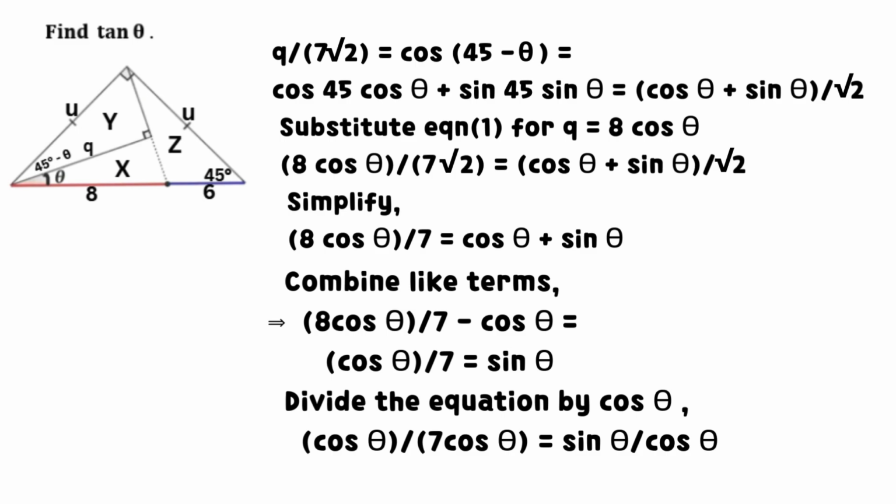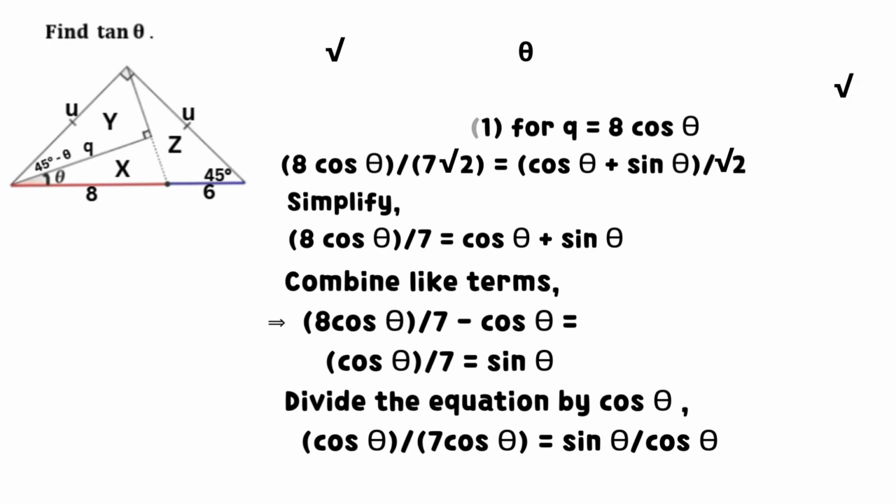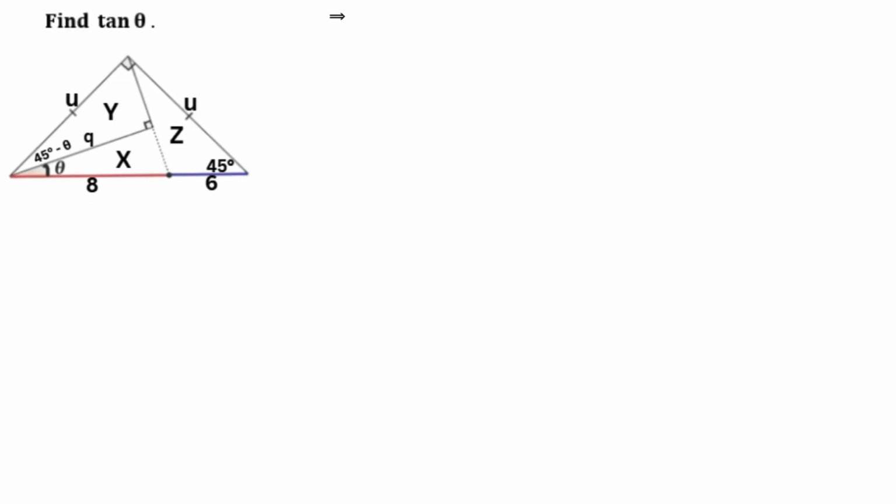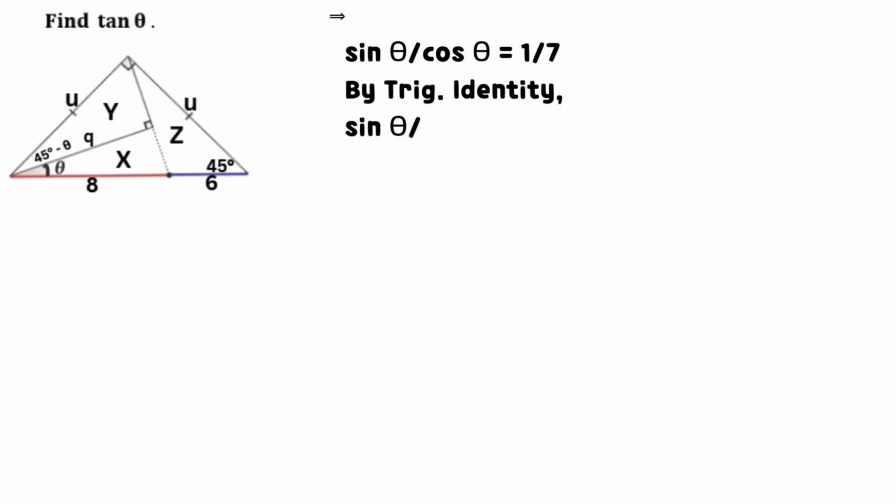This implies that sine theta divided by cosine theta equals 1 divided by 7. By trigonometric identity, sine theta divided by cosine theta equals tan theta. Therefore, tan theta equals 1 divided by 7.